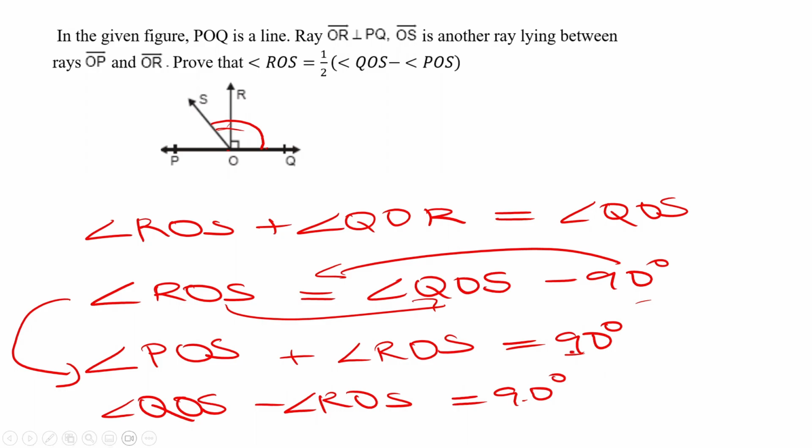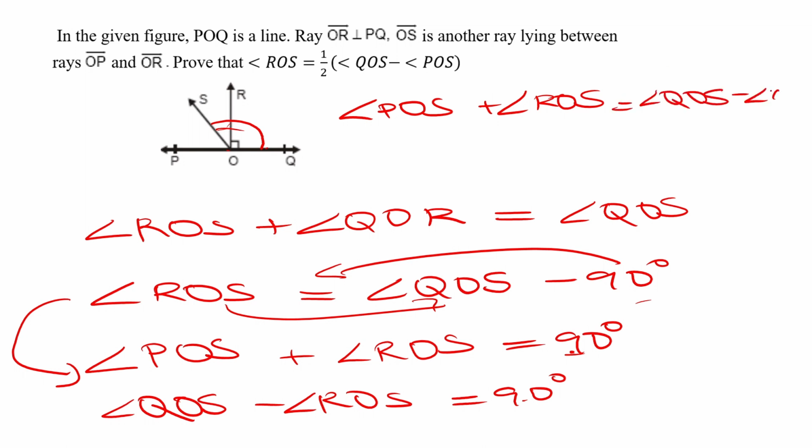Now if I take POS plus ROS, since this is 90 and this is also 90, can I say both of them are equal to QOS minus ROS? Absolutely, I can say that. So we have this equation: POS plus ROS is equal to QOS minus ROS.